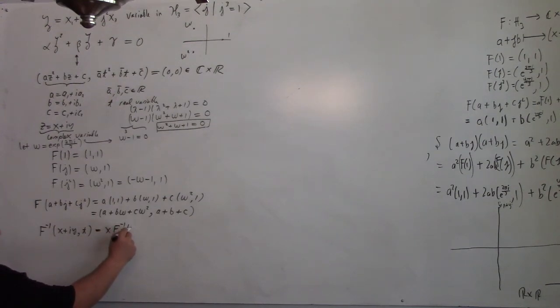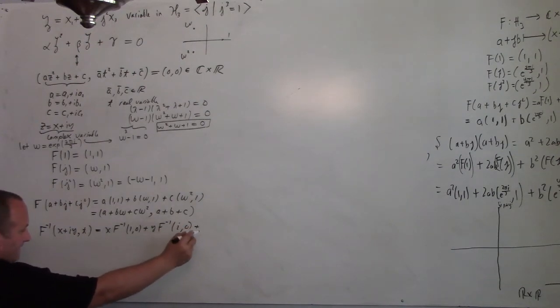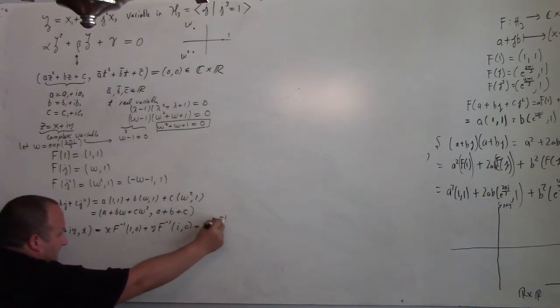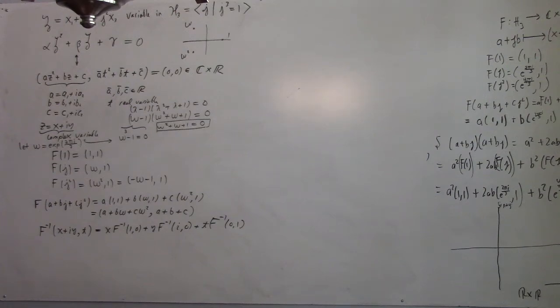But here's the problem: we don't actually know what maps to 1, 0, what maps to 0, 1, or what maps to i, 0. If we did know those, then... but no.